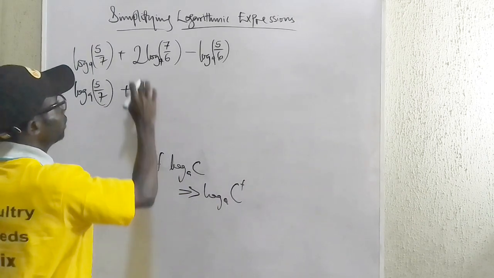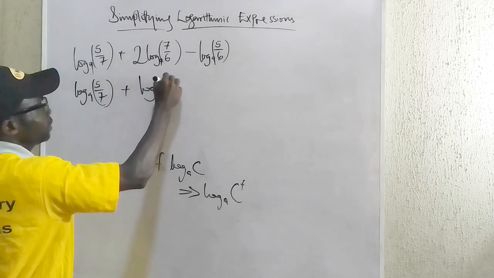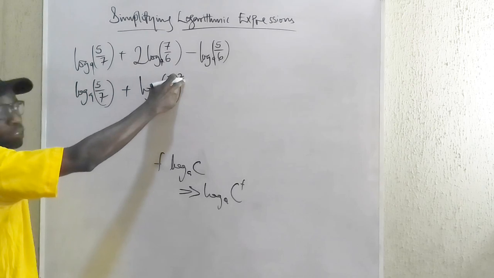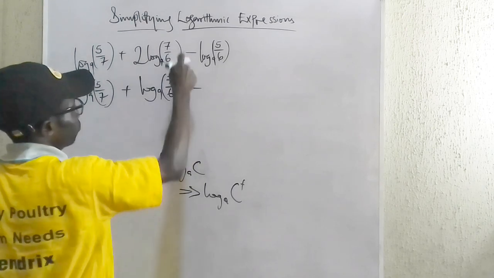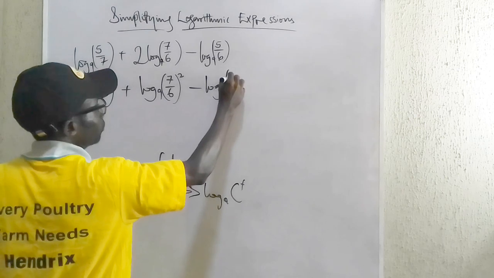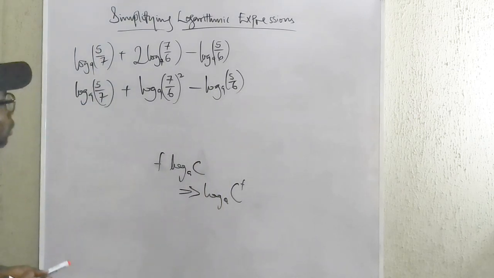So this is the power. So this is going to be log 9, 7/6. This forms the power, the exponent, and then this 2 forms this power, giving 5/6.